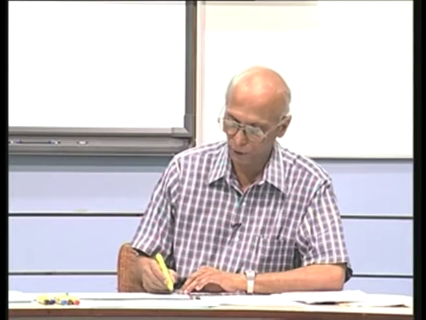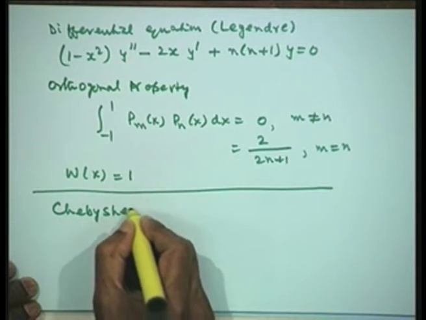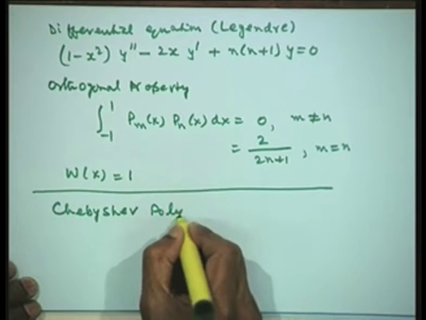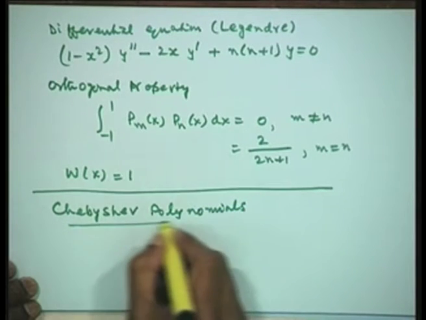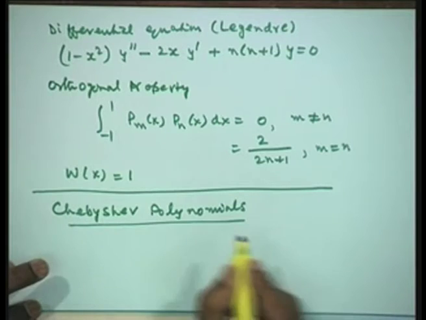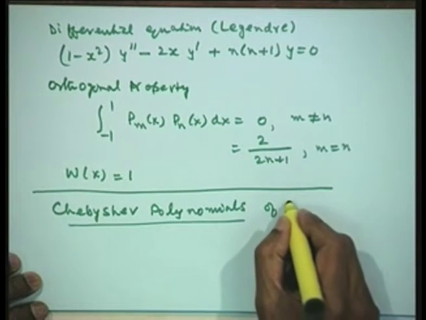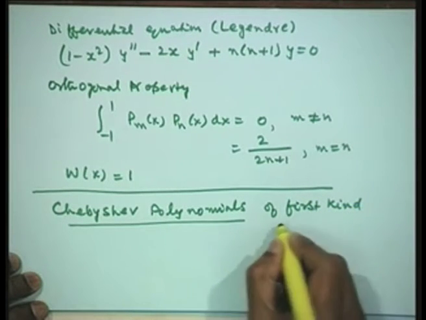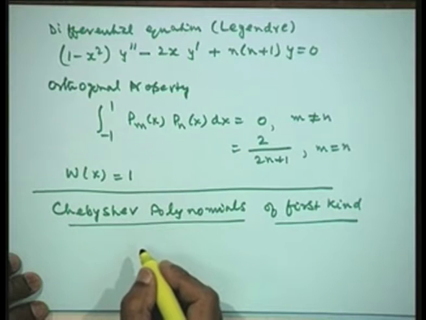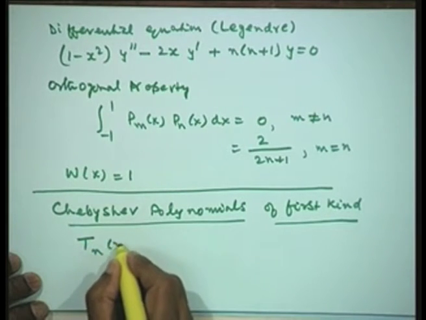Now, let us define the Chebyshev polynomials. Here again we shall be considering only Chebyshev polynomials of the first kind. These polynomials are denoted by T n of x.